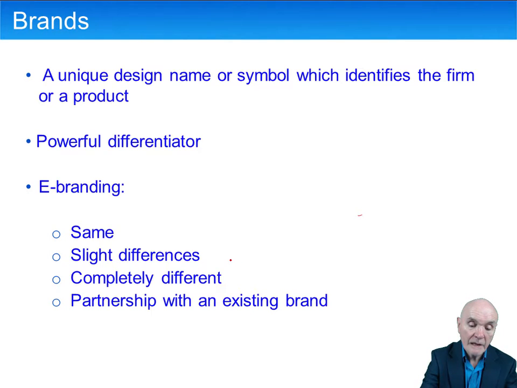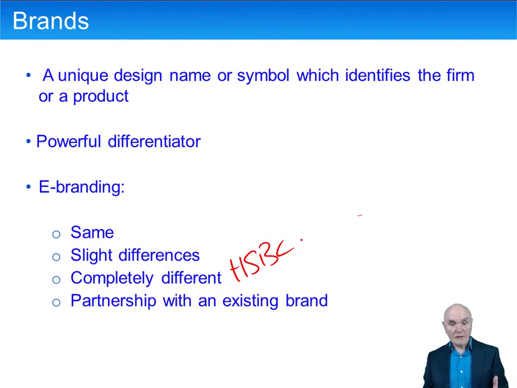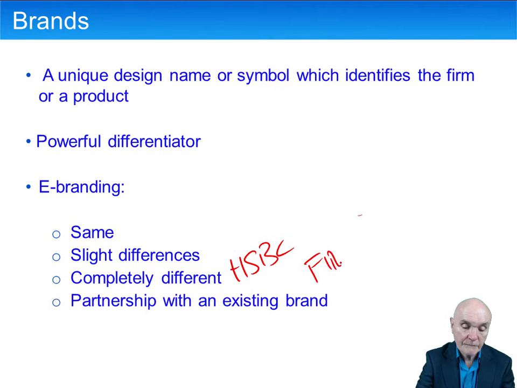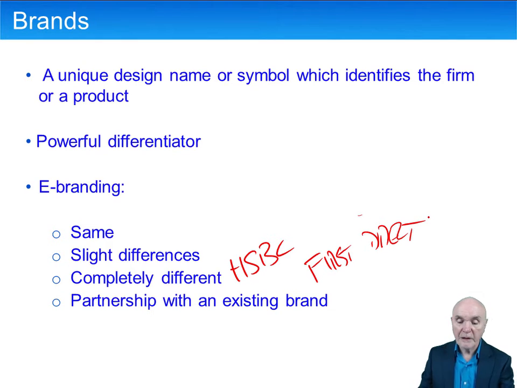So in the UK we've got HSBC, a conventional bank, and we also have a bank called First Direct, which is part of HSBC, but it has no branches whatsoever. It is purely an internet bank.